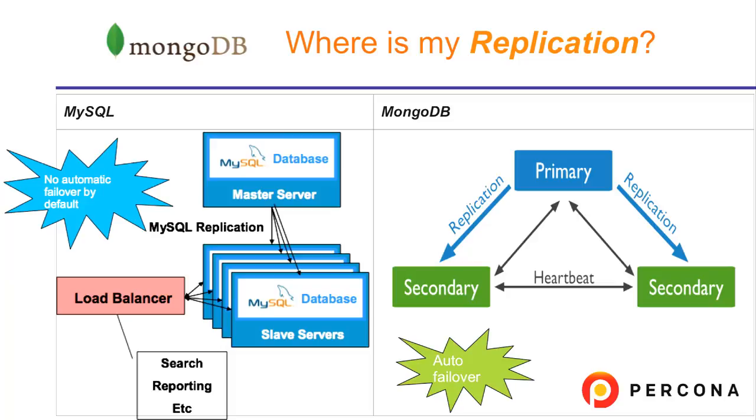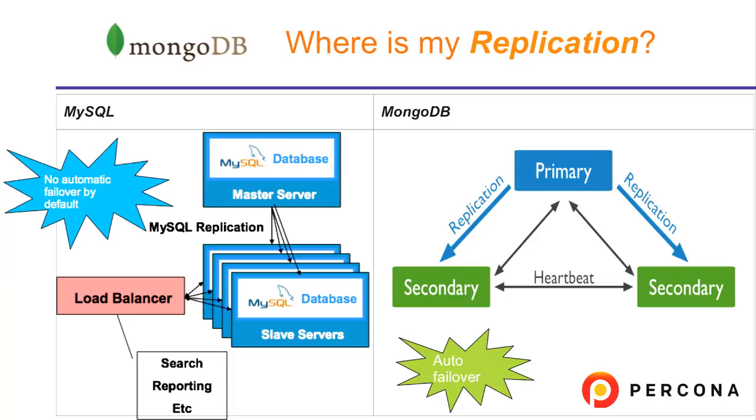Asynchronous, fully automatic failover replication based on the connector. So what you do is you just deploy the replica set. In MongoDB, it's called replica set with primary and secondary. Primary is master, secondary is slave. You deploy 3 members of the replica set, and you will get auto failover out of the box.